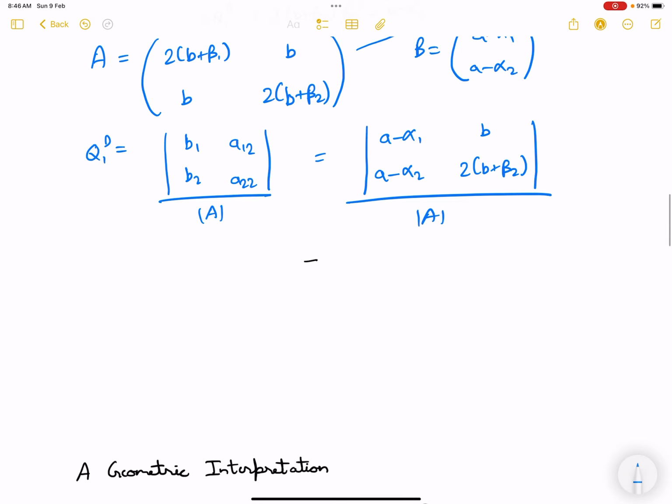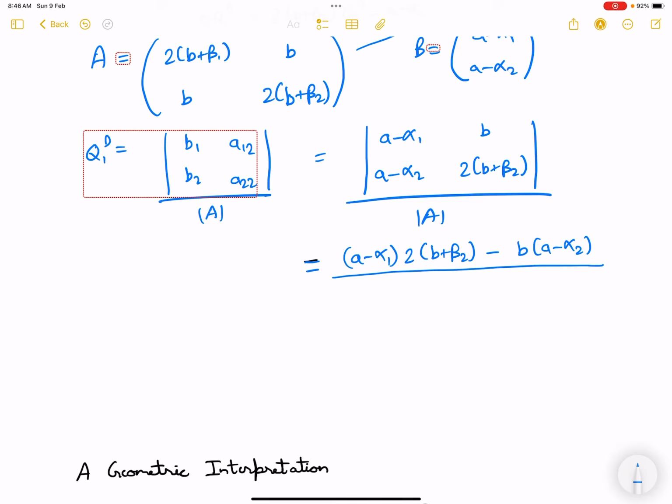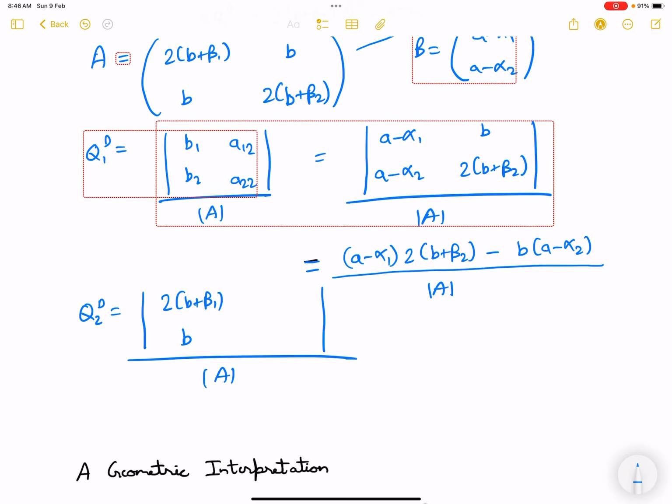So if we solve this, this would become a minus alpha 1 times 2 into b plus beta 2 minus b into a minus alpha 2 upon A determinant. So this is the value of Q1D. Similarly, Q2D would be 2b plus beta 1, b upon A determinant.